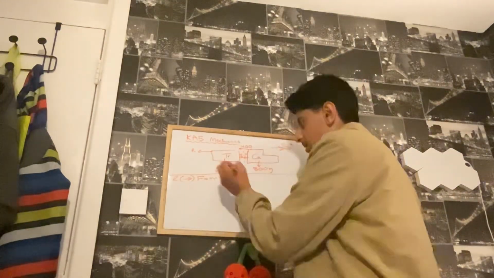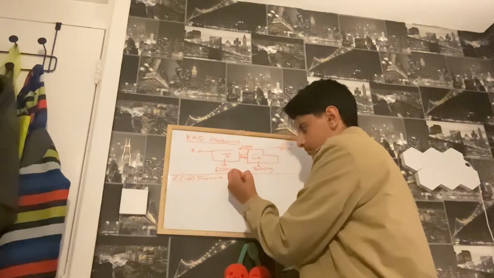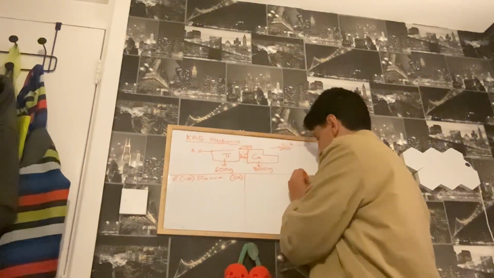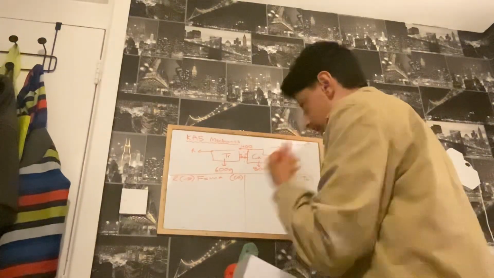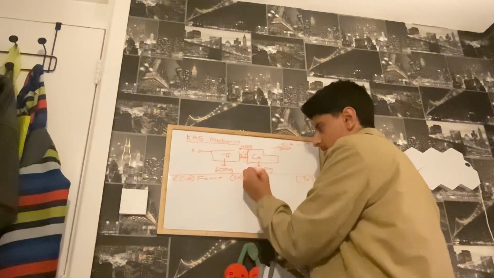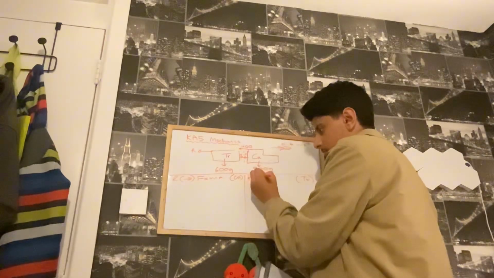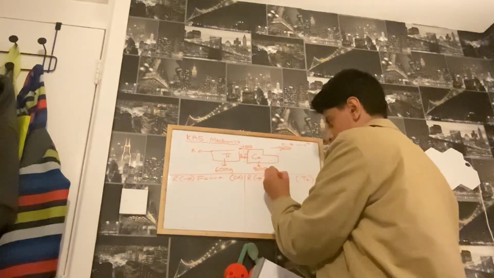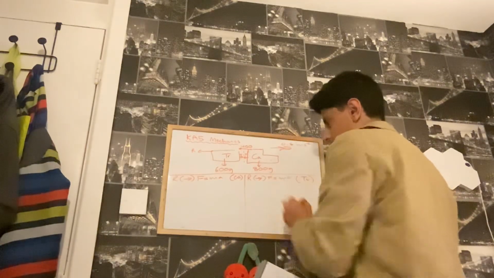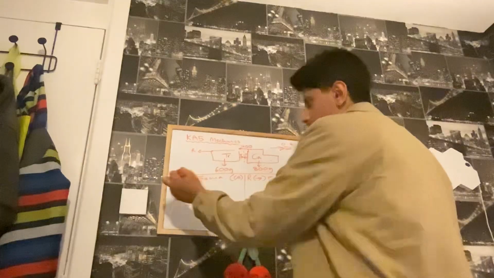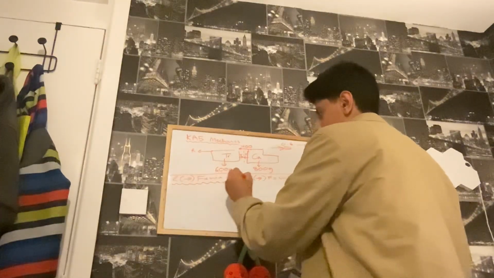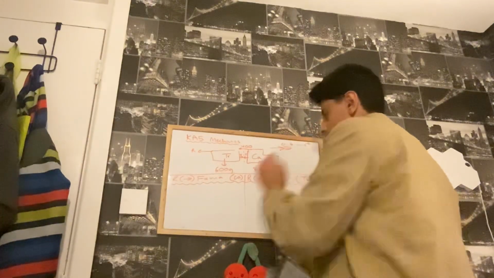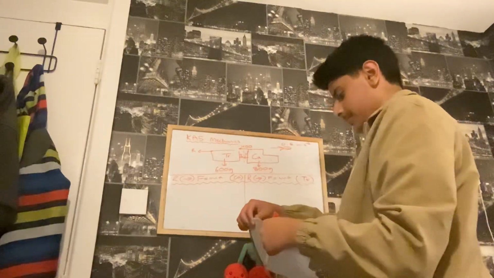This is on CA, the car, and this will be on TR, the trailer. And we're going to do the resultant force on the trailer.